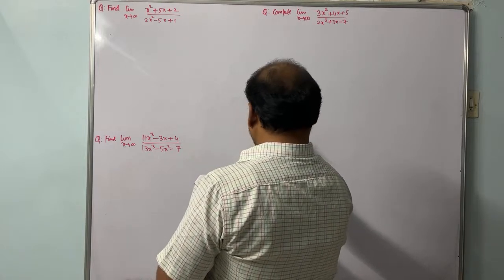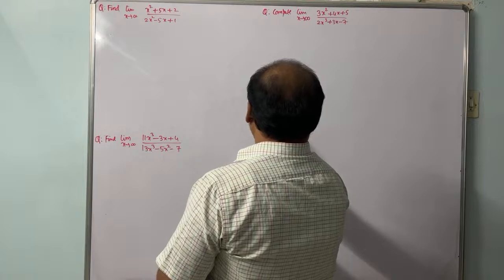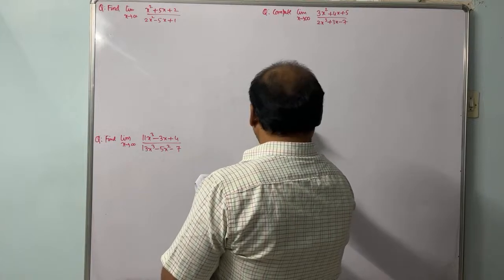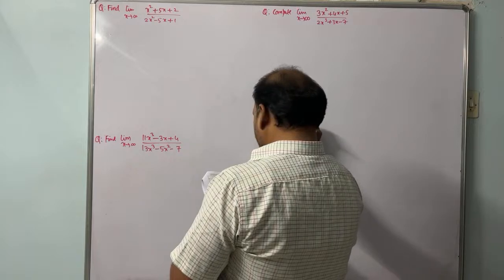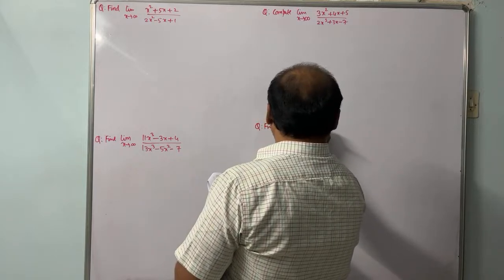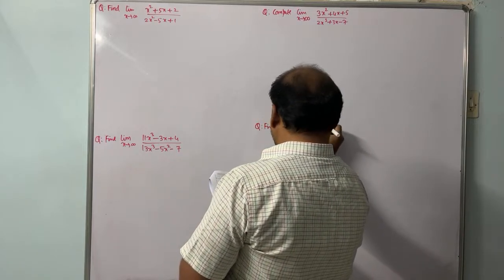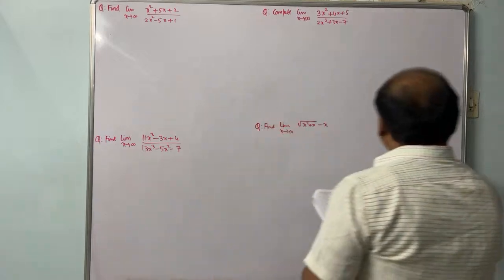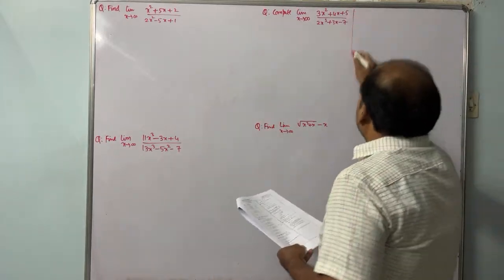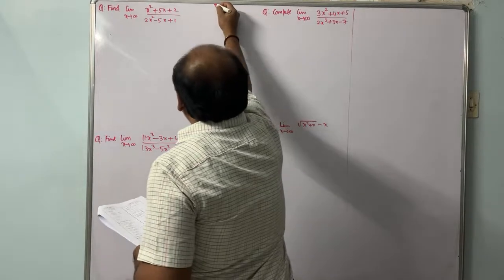Next, find limit x tends to infinity, root x square plus x minus x. Anyway, we will continue like this, dear students.